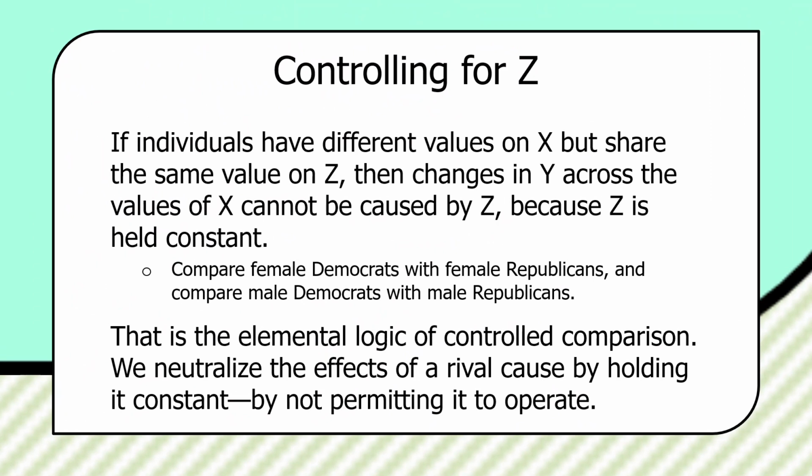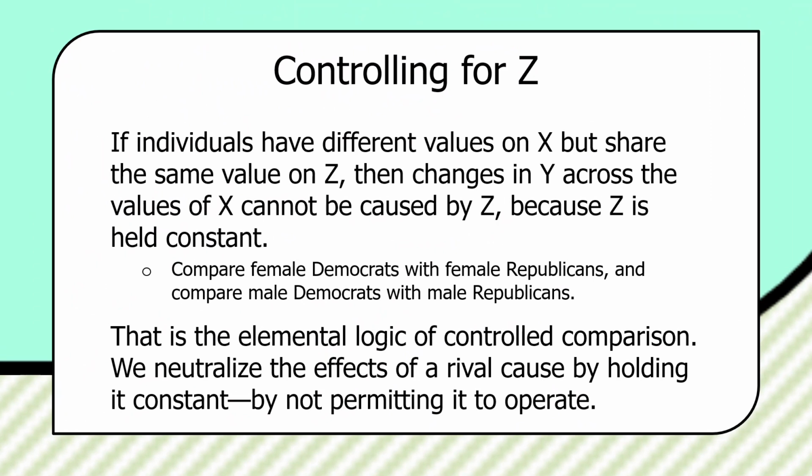Then changes in Y across values of X cannot be caused by Z because Z is being held constant. We're not permitting it to vary. We're holding it constant as we make this comparison across values of X. That is, compare female Democrats, for example, with female Republicans, and compare male Democrats with male Republicans.